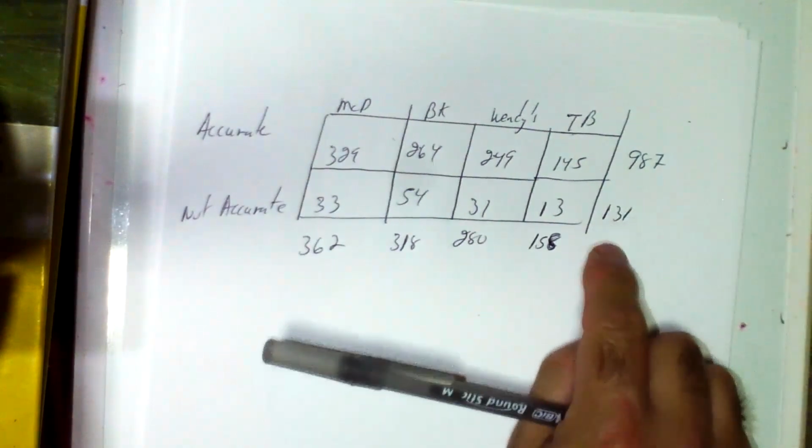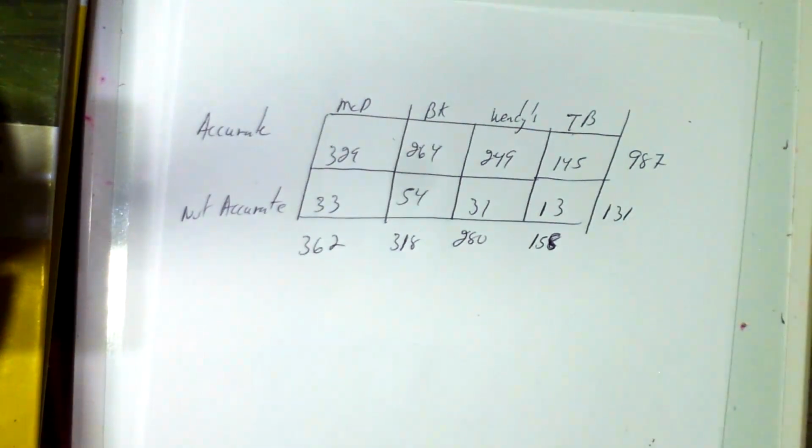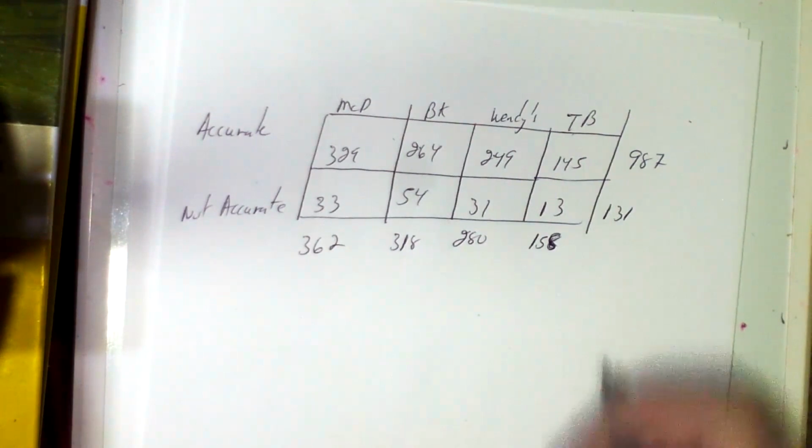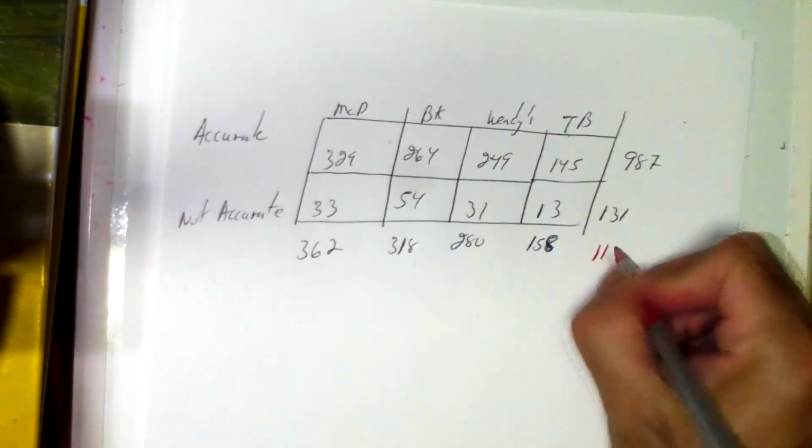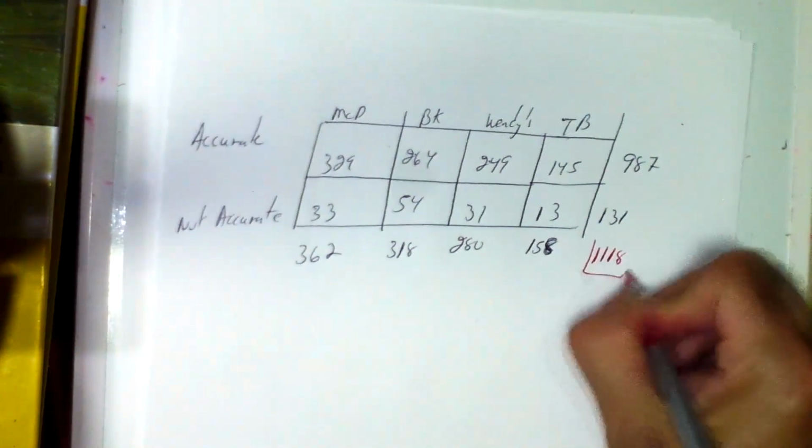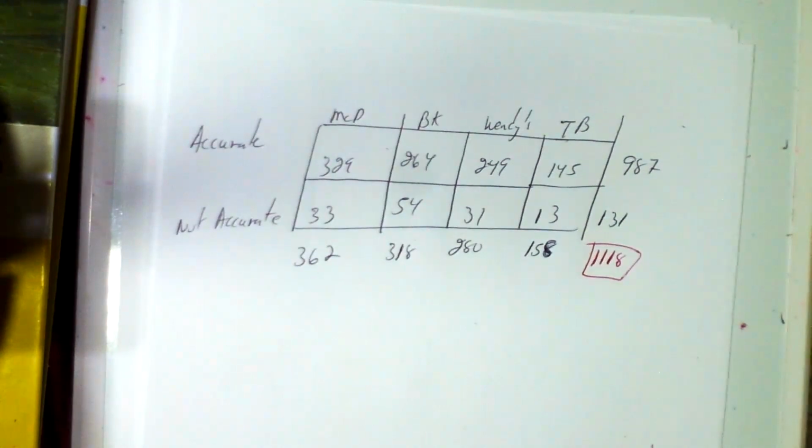And now I gotta get the grand total. 131 plus 987 is 1118. There we go. 1118.